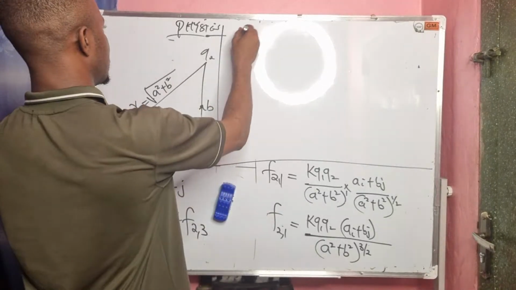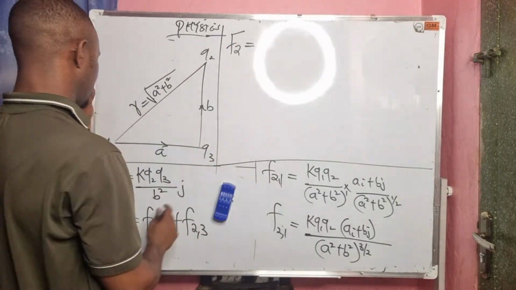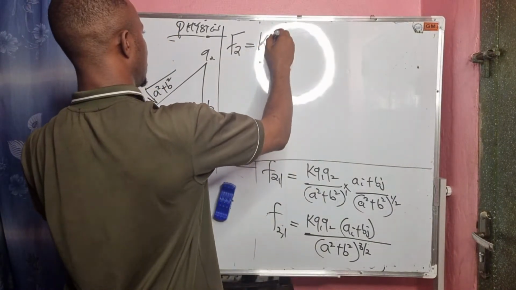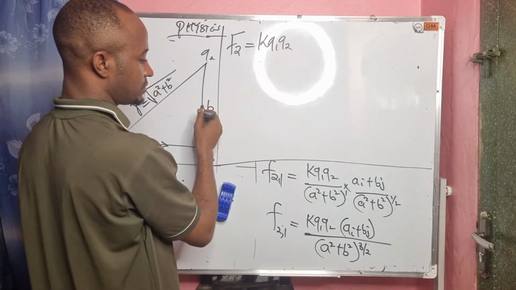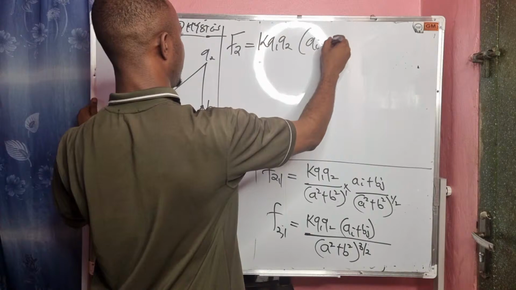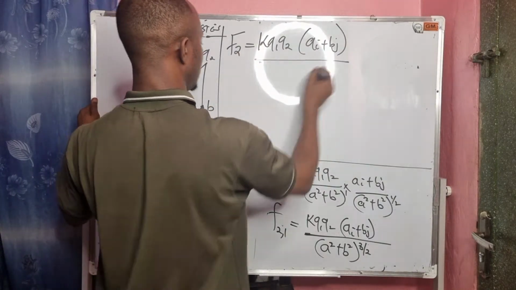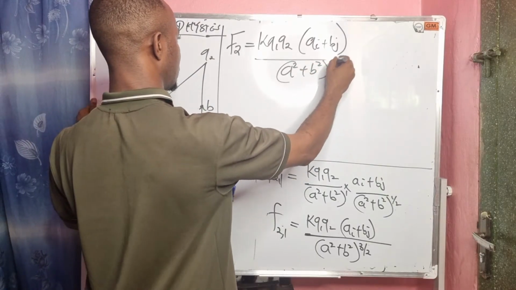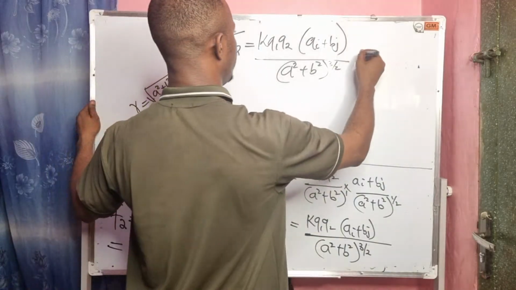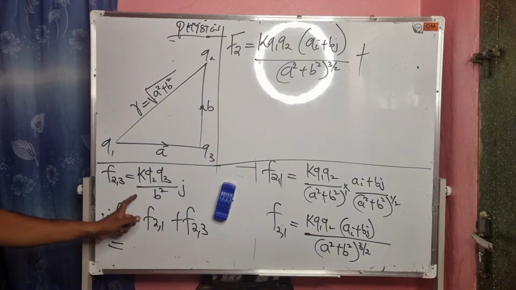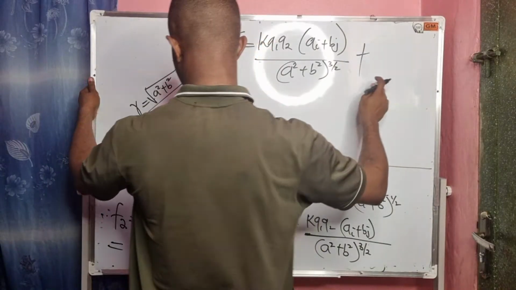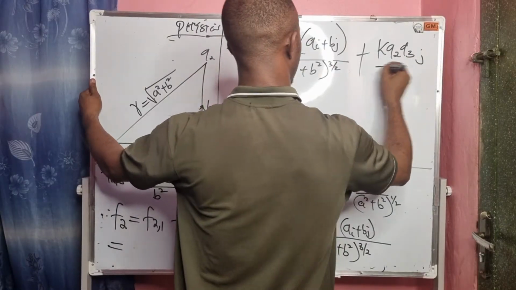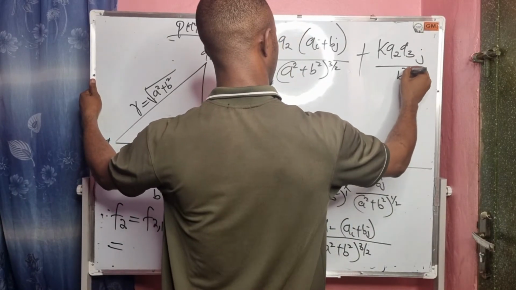Our F2 becomes, our F21 is this, which is KQ1Q2 times (AI plus BJ) divided by (A squared plus B squared) to the power of 3 over 2, plus our F23, which is simply KQ2Q3 J divided by B squared.